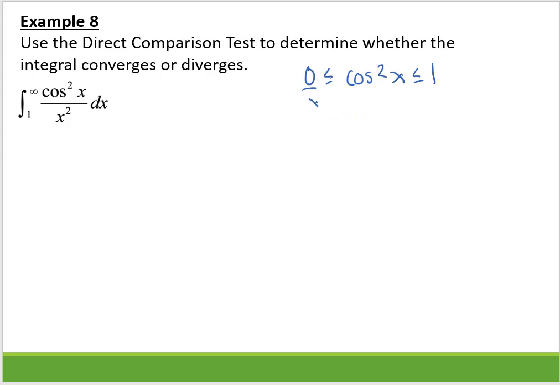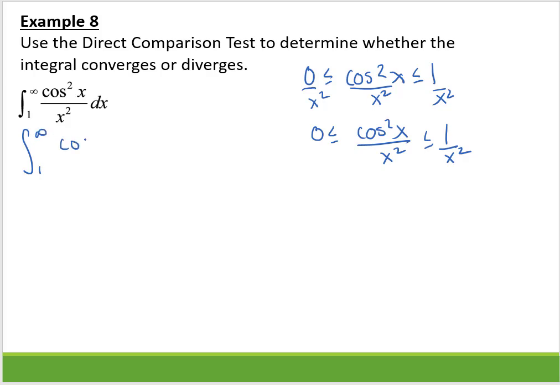Now, if I divide everything by an x squared, we know that our cosine function, so this integral here, this function is less than or equal to the greater function.